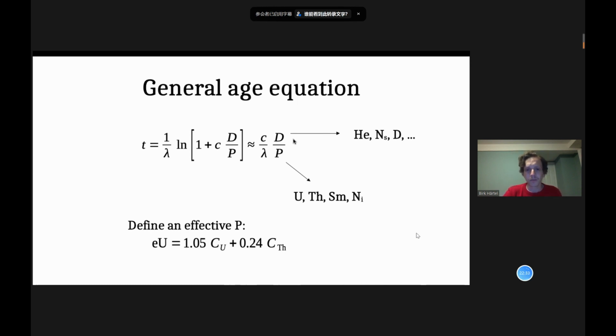And for example, EU is also something like this parent concentration, as it is just the recalculated uranium and thorium parent concentration.